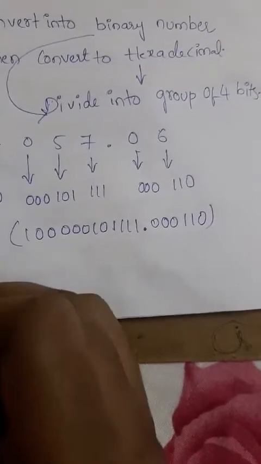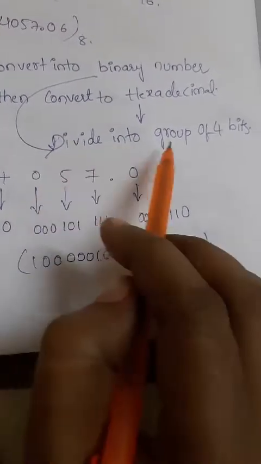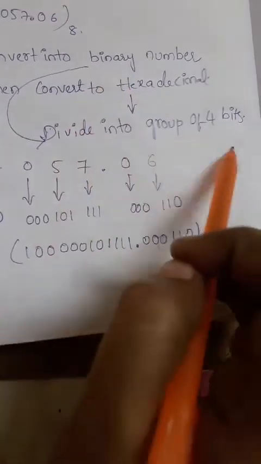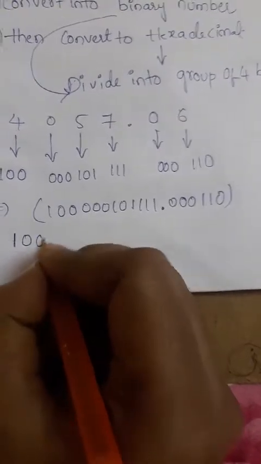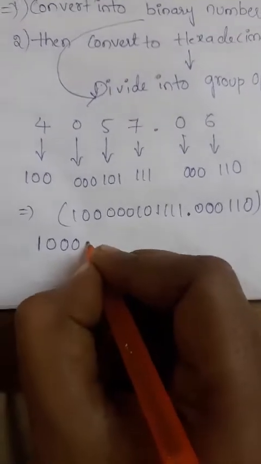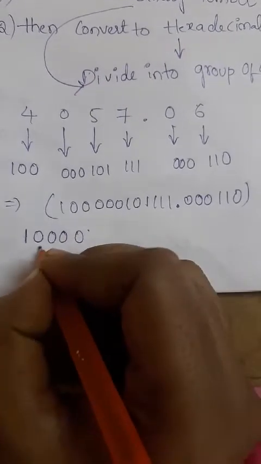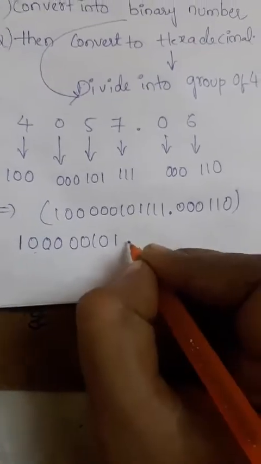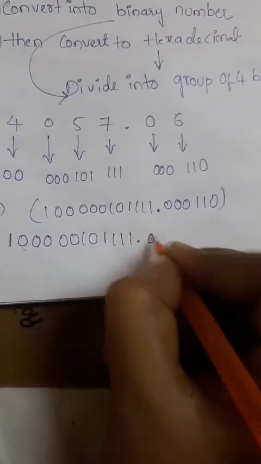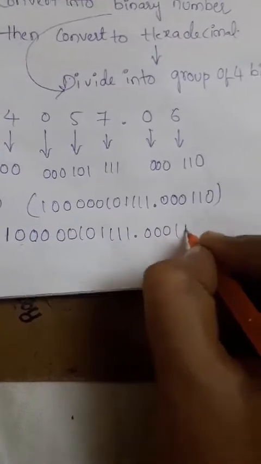So what is the next step? Divide that binary number into groups of 4 bits. That means we take 4 digits as one group. Just write it as it is: 100 000 101 111 . 000 110.